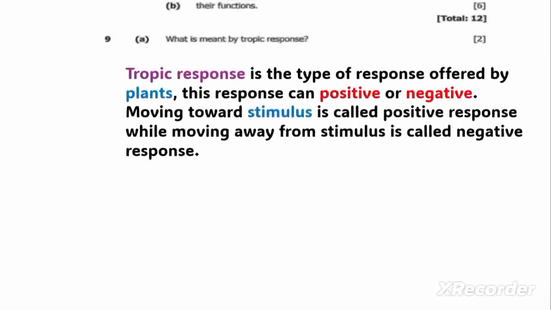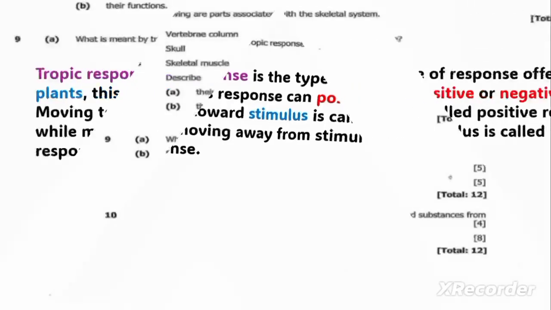Therefore, tropic response is the type of response offered by plants, and it can be positive or negative. Moving towards the stimulus is called positive response, while moving away from the stimulus is called negative response.